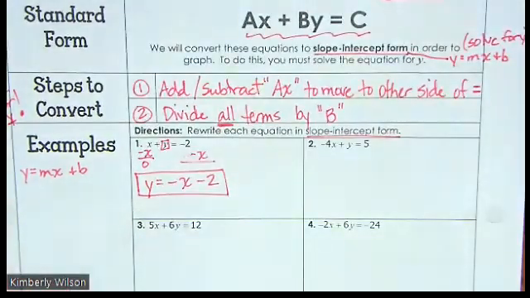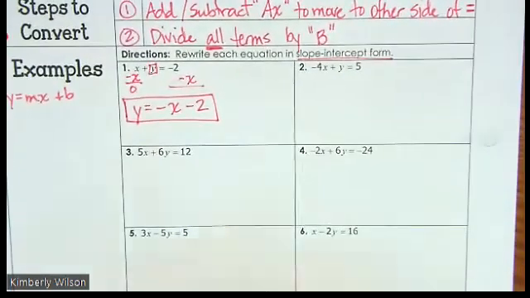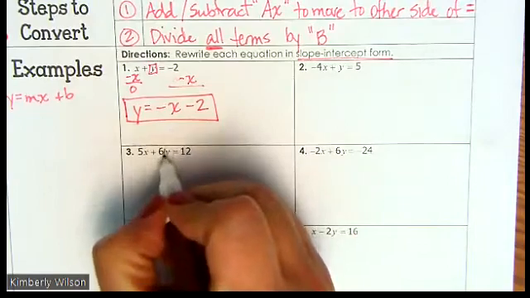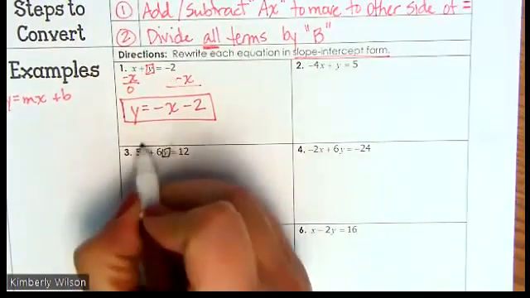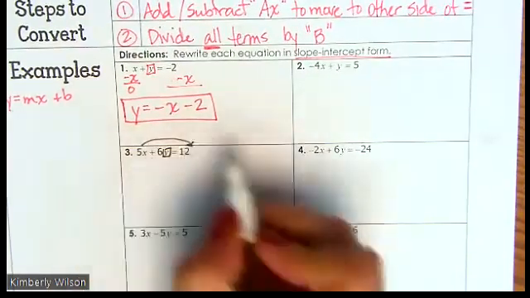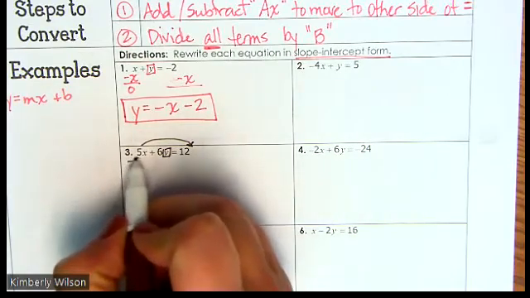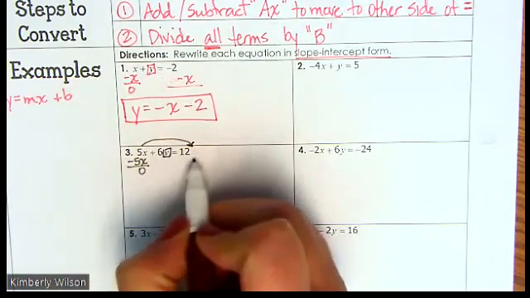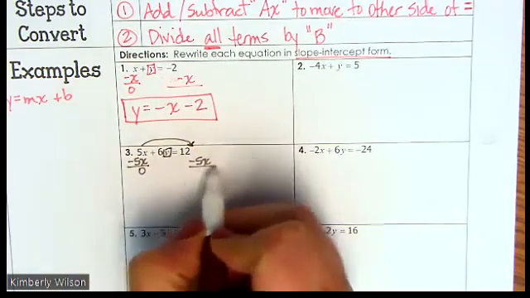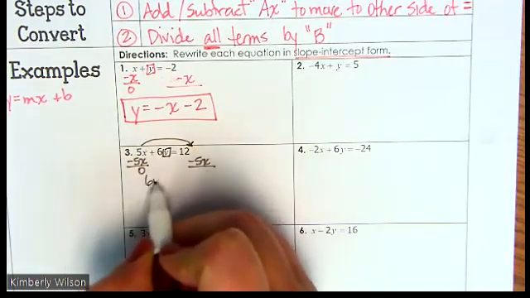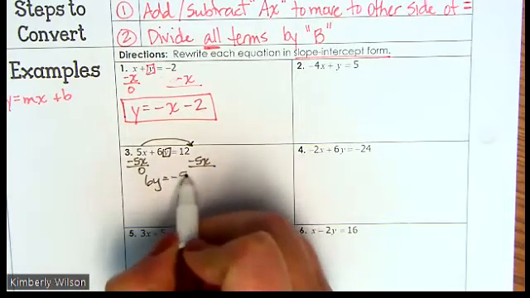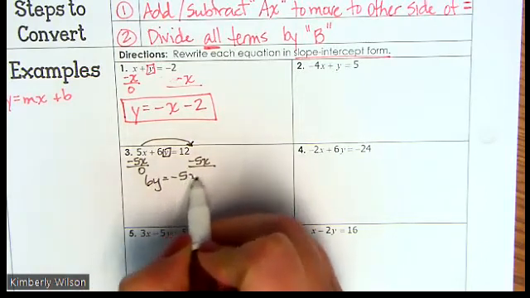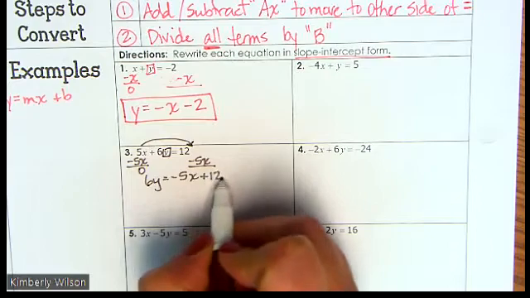Okay, next example. This is where we have to pull back in our solving equations rules. Okay, I want to solve for y. So I've got to move the 5x over here first. It's a positive, so I have to subtract 5x to make that equal 0. Subtract 5x on this side, and we get 6y equals negative 5x plus 12.